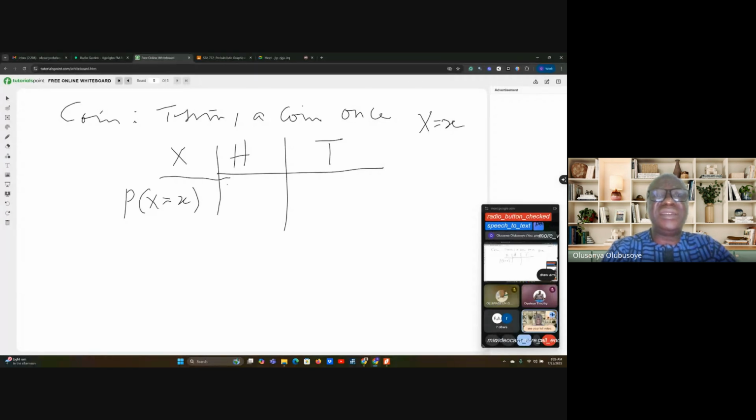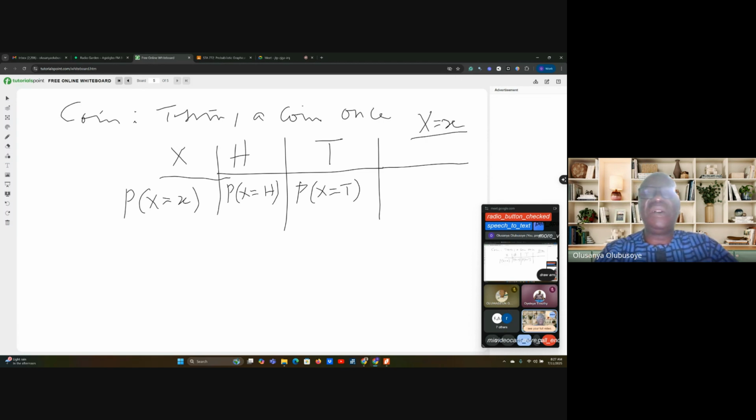In this case, it will be probability of x being head. In this case, it will be probability of x being tail. I want you to start getting those notations properly.